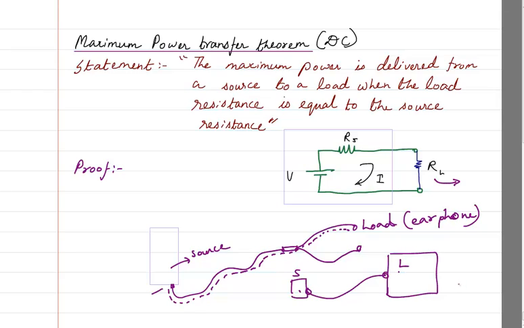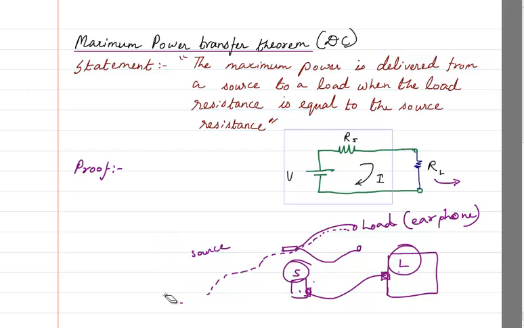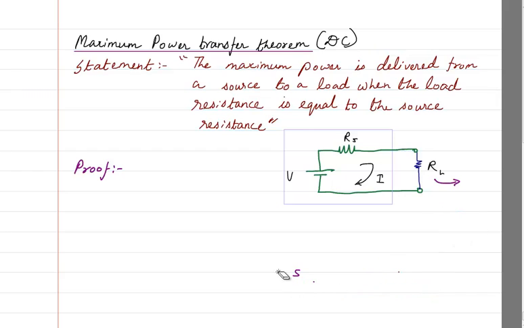Like that, wherever you want to send some signal, whether it is in telephones, internet, or cable TV, wherever you want to send a signal from some source to some load, you have to always take care of this particular scenario wherein the source resistance should be equal to the load resistance.